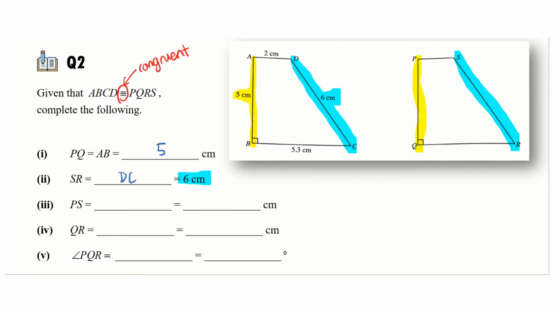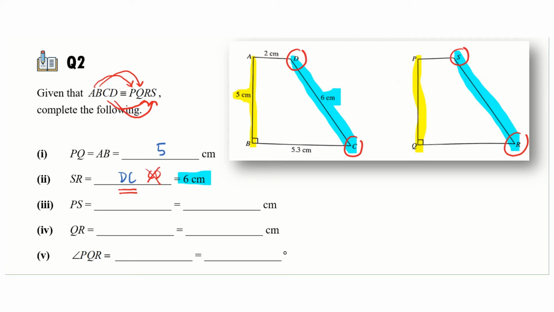At this juncture, I want to remind you that since we're talking about things that are congruent, the vertices have to match. That means A matches up to P, B matches up to Q, C matches up to R, and D matches up to S. So when we write S, R, we must match it to D, C. Hence it will not be accepted if you write CD.